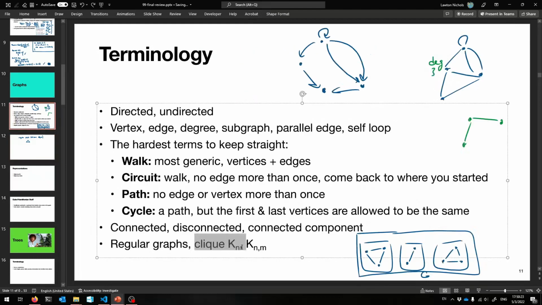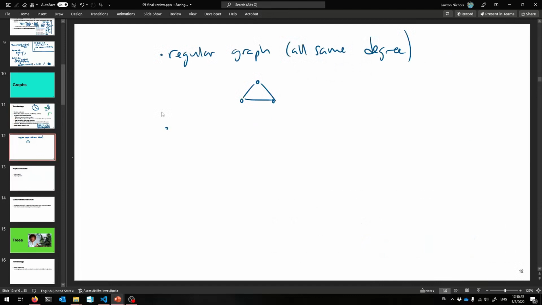Cliques, KN. Those are technically regular graphs, right? K4, for example. It's just everybody's connected to everybody else with an edge. Here's this node. It has a way to get straight from itself to everybody else. So all those must exist. Degree 3 for everybody. And then this one, it's got a way to get to everybody.